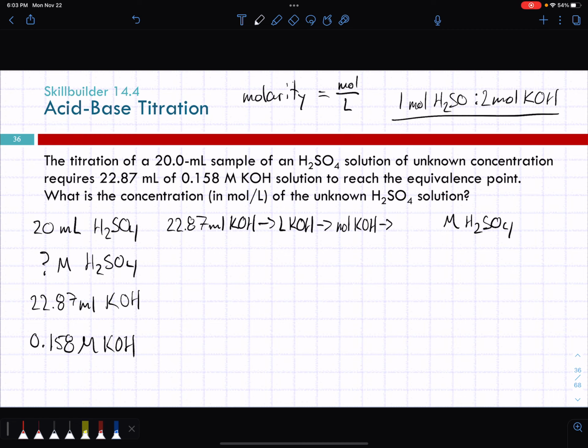And then because H2SO4 has 2 hydrogens, to convert from KOH to sulfuric acid, which is our next step, we've got to do a 2-to-1. And then once we have the moles of H2SO4, we can use our known volume to calculate molarity because we have moles and we have liters.